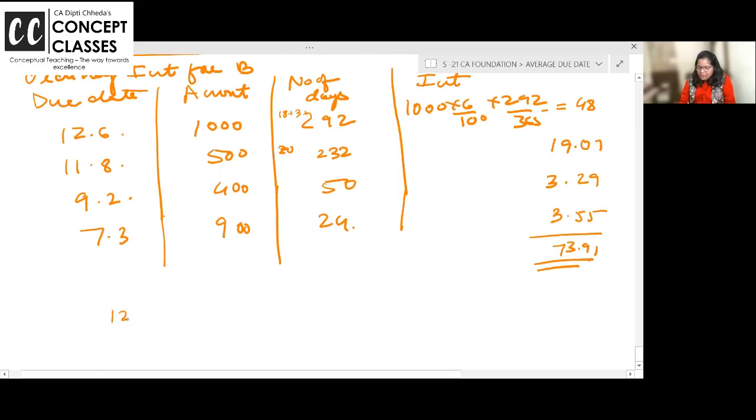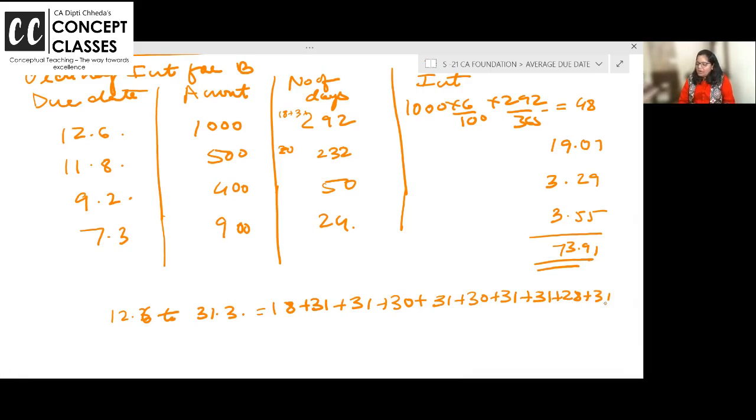June, July, August, September, October, November, December, January, February, March. Done. 73.91. All clear to all of you?